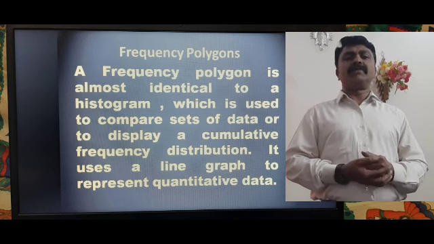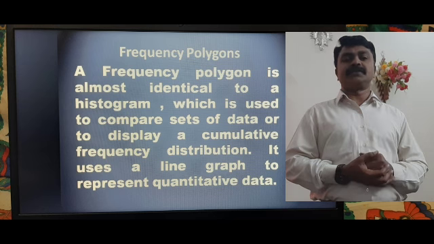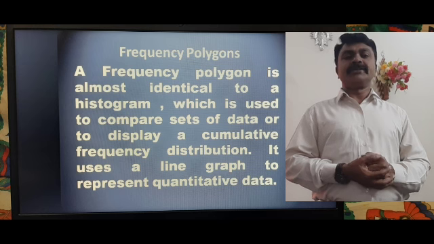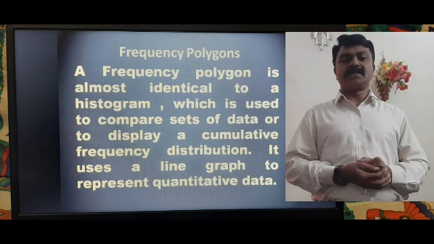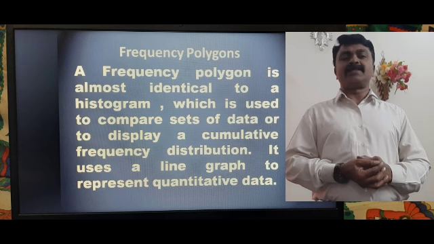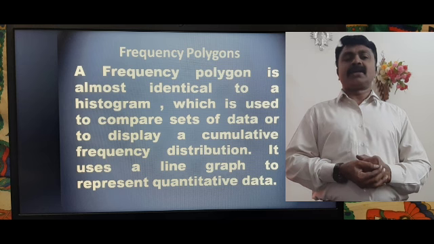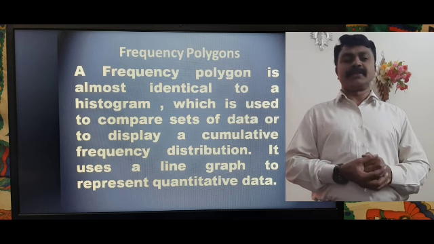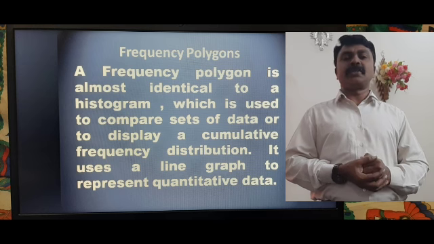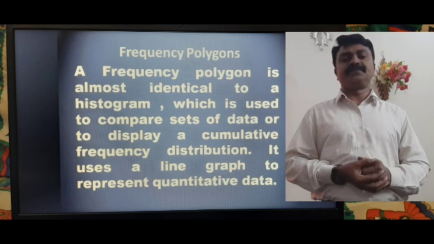A frequency polygon is almost identical to a histogram, which is used to compare sets of data or to display a cumulative frequency distribution. It uses a line graph to present quantitative data.